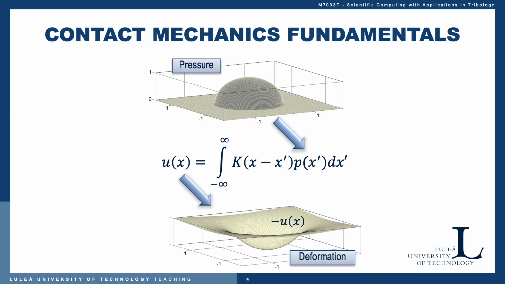So we know that if we have a certain pressure, then we can compute the deformation by this convolution expression. In this case we see the dimensionless Hertzian pressure distribution, and if we insert it into the 2D problem for the 3D contact mechanics problem, then we obtain a deformation looking like the one depicted below.